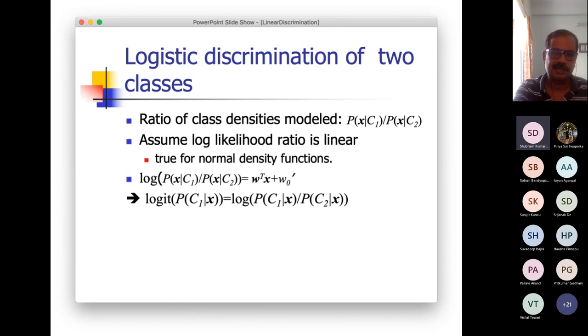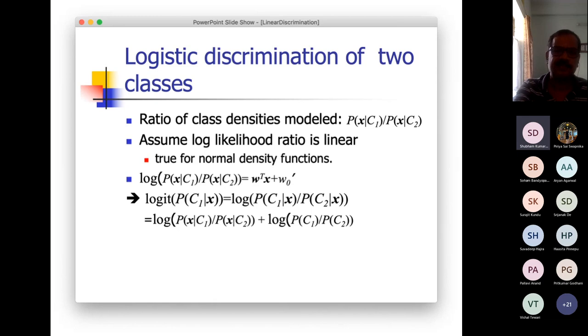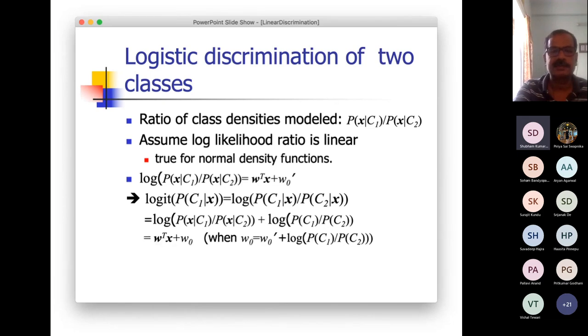This is the log of the ratio of the posteriors. The ratio of the posteriors has a relationship. Because of the logarithm operations, it can be shown it is the log likelihood ratio plus the log of the ratio of the priors. So this is how it is related. So W transpose X plus W naught can be directly this term.